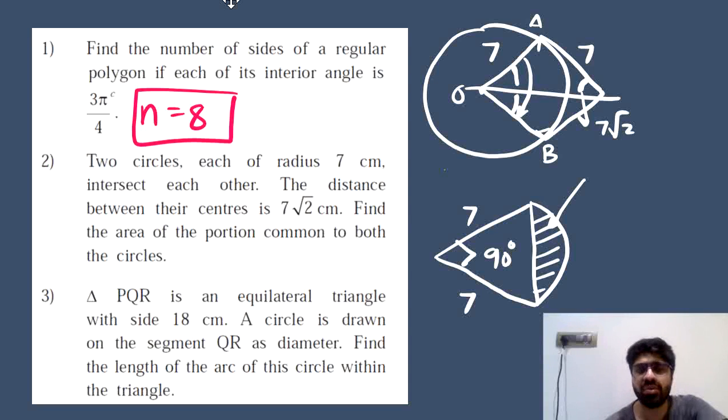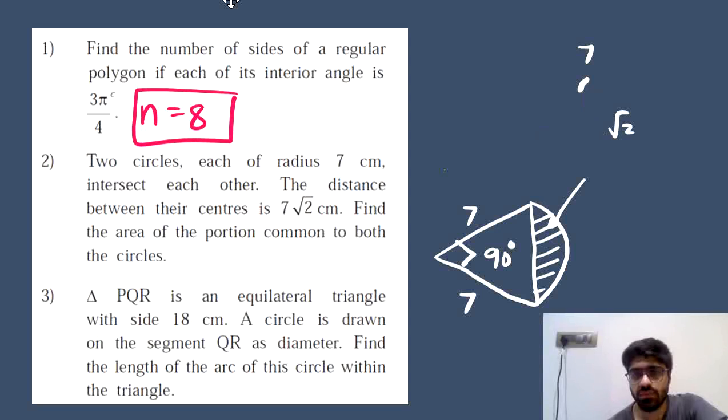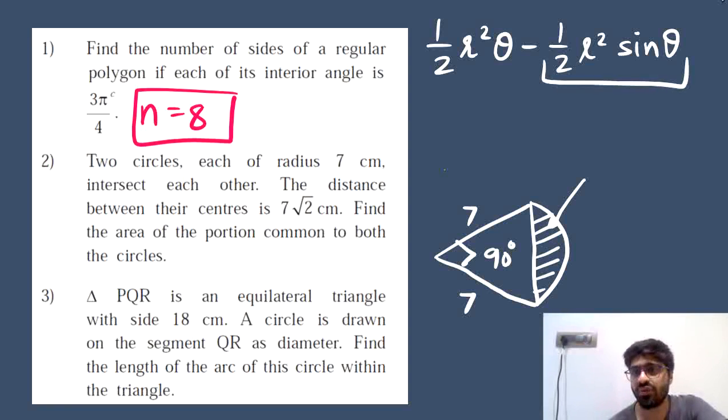The area can simply be obtained by taking the area of the sector minus the area of the triangle. Area of the sector will be half r square theta minus area of the triangle, that is half r square sine theta. For all those who are not aware of this formula, I have made a separate video on length of arc and area of a sector wherein I have discussed this particular formula.